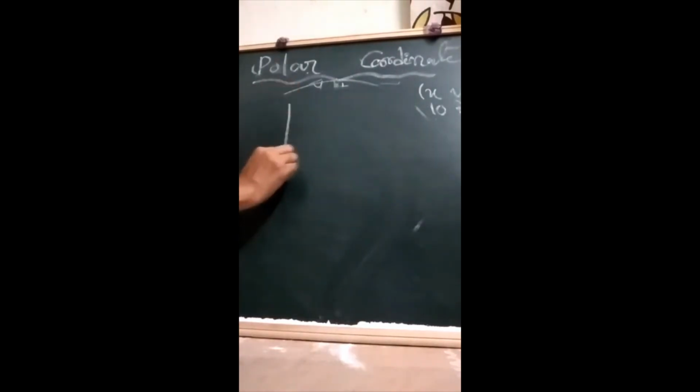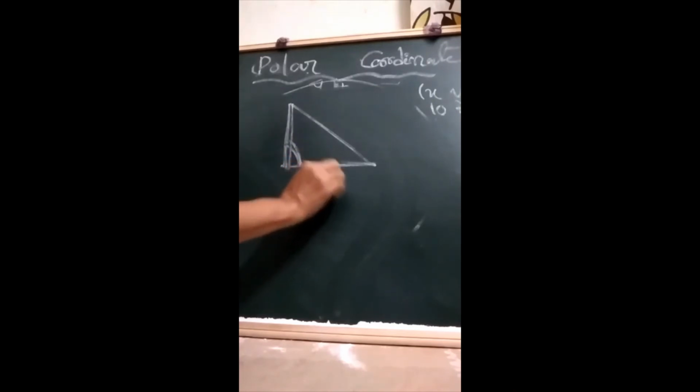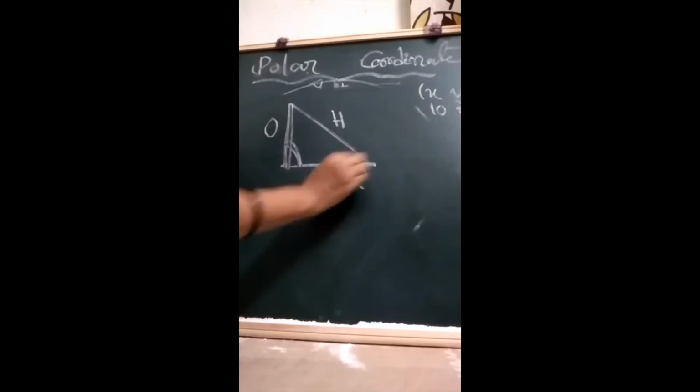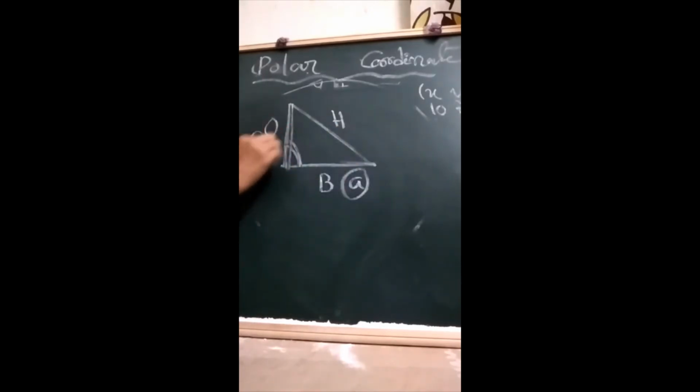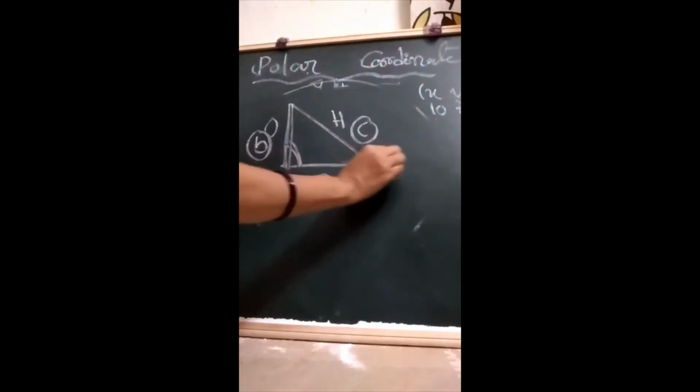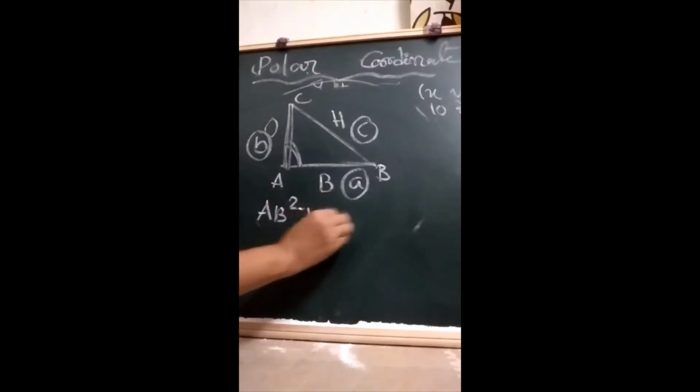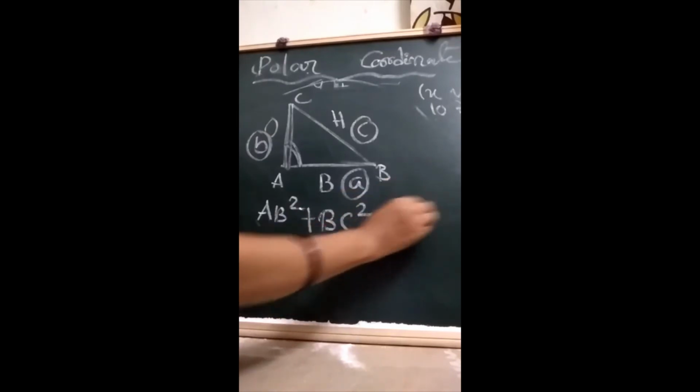Suppose this is a 90-degree angle, a triangle with 90 degrees. Suppose the base is A, the opposite is B and the hypotenuse is C. According to the Pythagorean formula, A square plus B square is equal to C square.